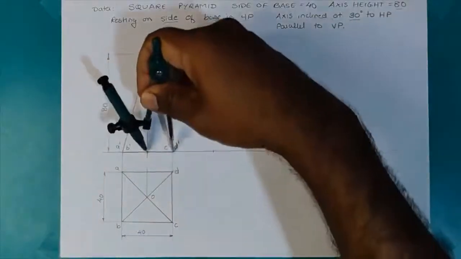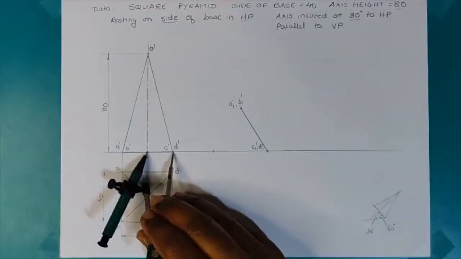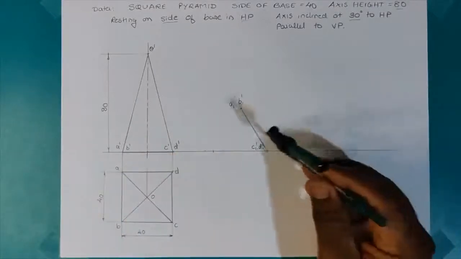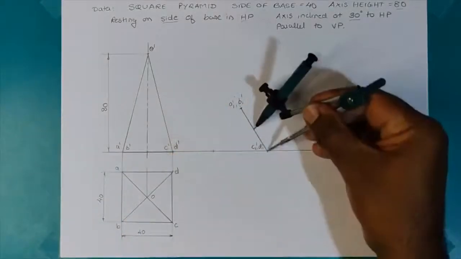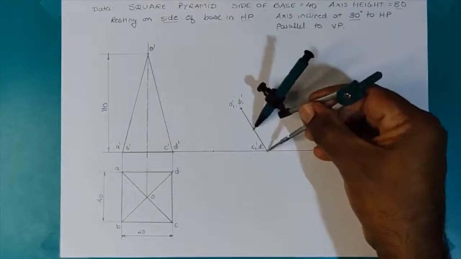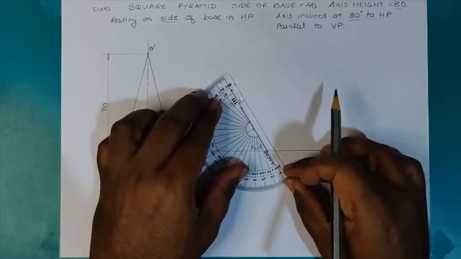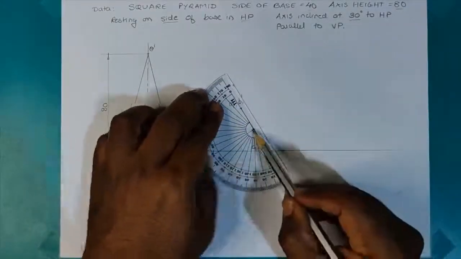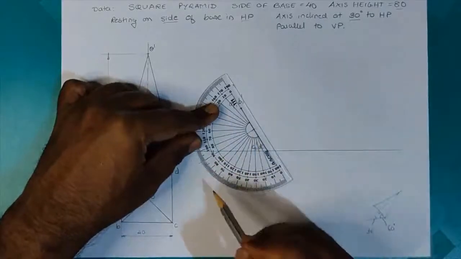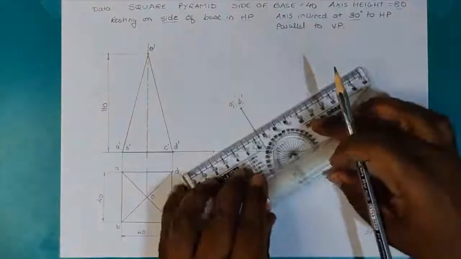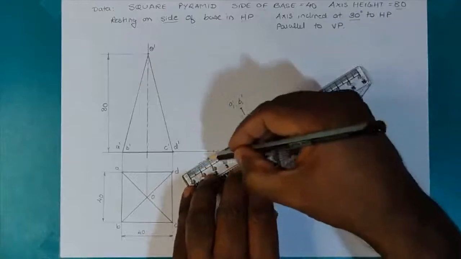Baseline I have drawn. Now I find the center of the base line of the pyramid and I mark it on the inclined base. Through this I will construct a perpendicular, 90 degrees to the base, and this would be the axis.